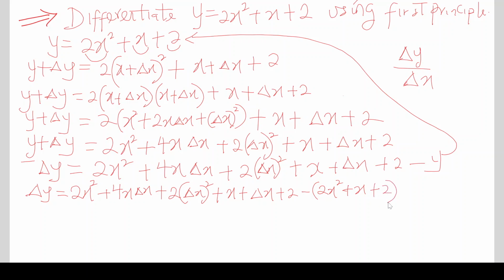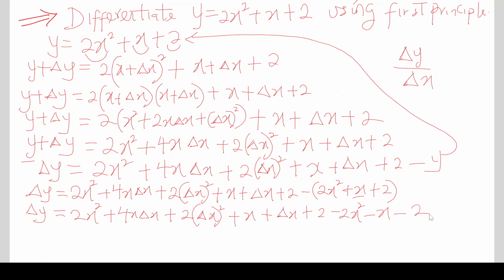Expanding the bracket, we have minus 2x squared, because negative multiplying positive gives negative, minus x, and also minus 2.